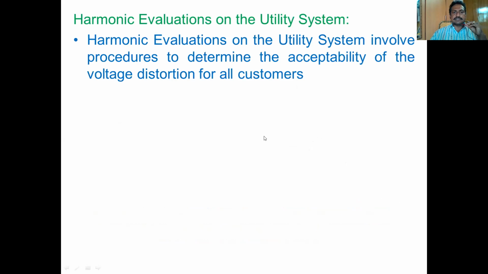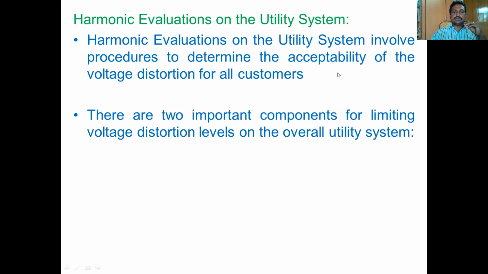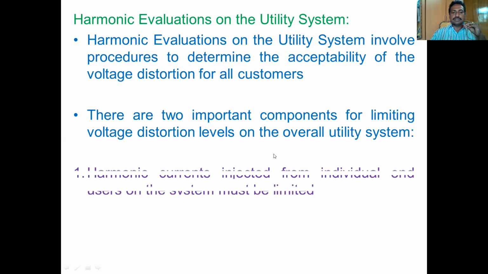So, on the utility system. Next, harmonic evaluations on the utility system. Utility means generators or the producer side. Here, evaluation of the utility system involves a procedure to determine the acceptability of the voltage distortion for all customers. There are two important components for limiting voltage distortion levels on the overall utility system. What are those? Number one is that harmonic currents injected from individual end users on the system must be limited.